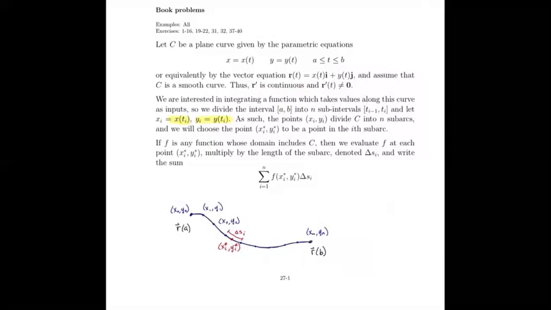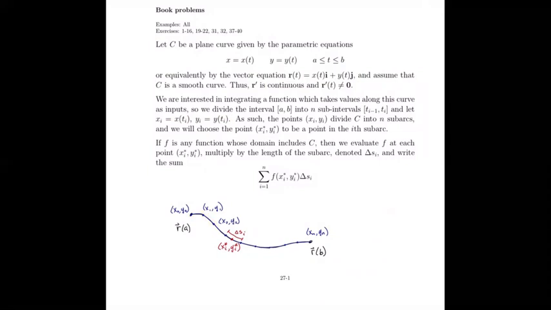The endpoints of each of these subintervals, subarcs is what we'll call these now. So here's a subarc along this curve. Each one of these points along this is representing where a t sub i is, or an x sub i, y sub i. Now, that breaks us up into smaller arcs.